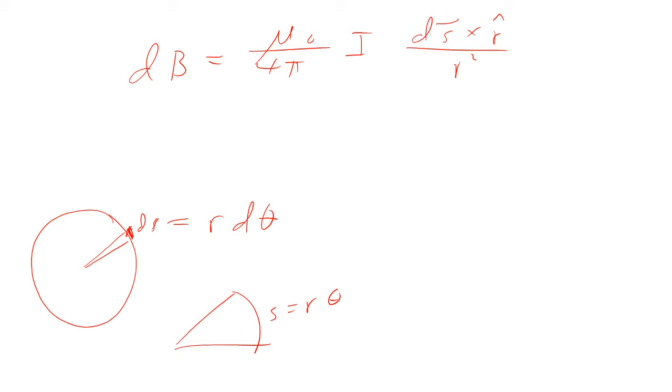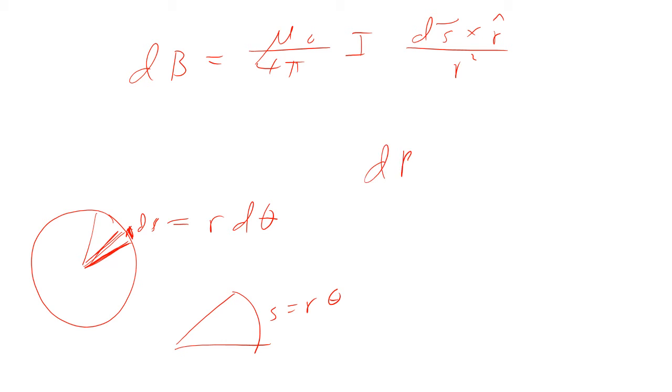And so ds is going to be equal to r d theta. And then the cross product, because we're always perpendicular to the radius, just gives us 1.